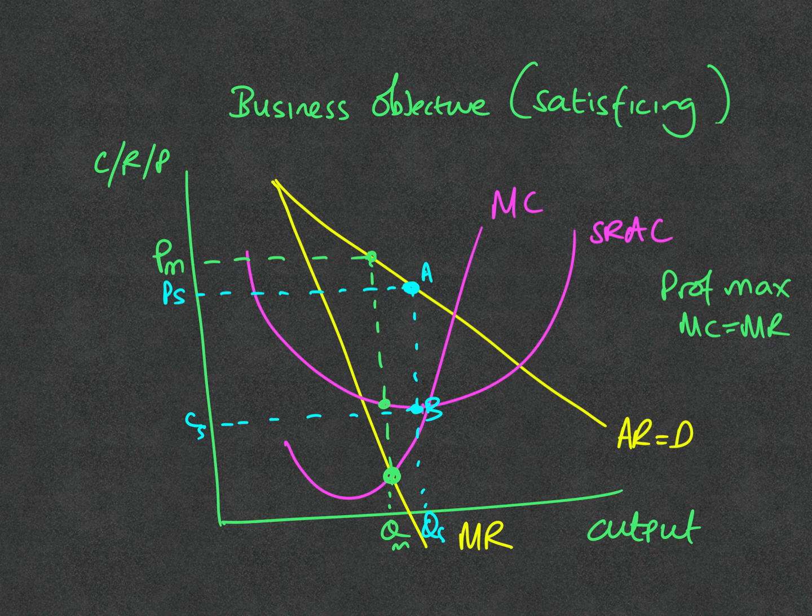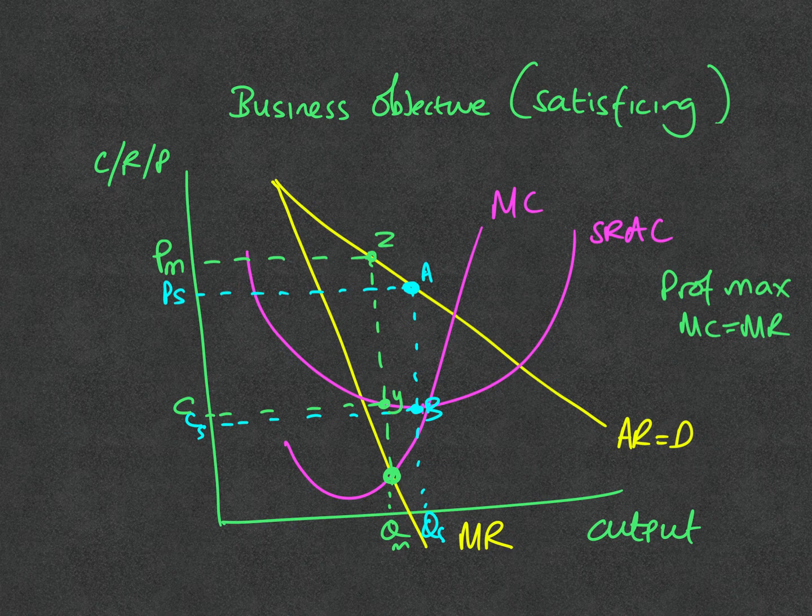So again, you just go to C on the profit maximizing equilibrium, bring that across and just label that as C. You can clearly see here that the green box PM Z Y C is greater, okay, than the box PS A B C S. So what we're saying here is that by meeting stakeholders' needs across the board, not just the owners, but workers, consumers, managers, and the owners as well, we have to sacrifice a little bit in terms of price and objective.